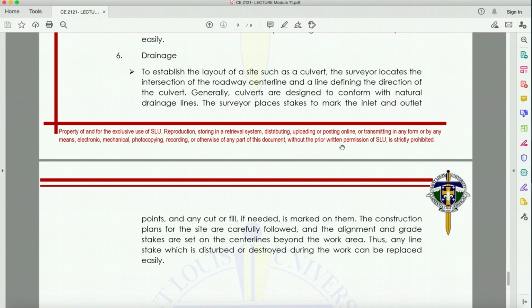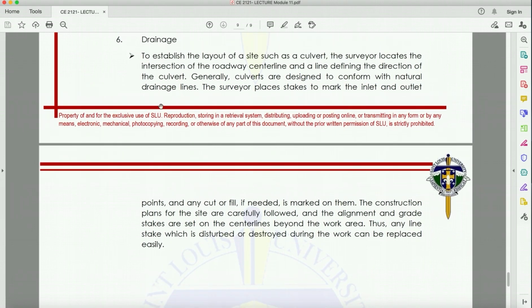Minsan ginagawa na yung drainage, tapos on top of that nandun yung kalsada. Meron din yung mga kalsada niya, tapos sa gilid is yung drainage natin. So most of the time they come hand in hand in terms of construction phase, or side by side rather. So that is the correct term.